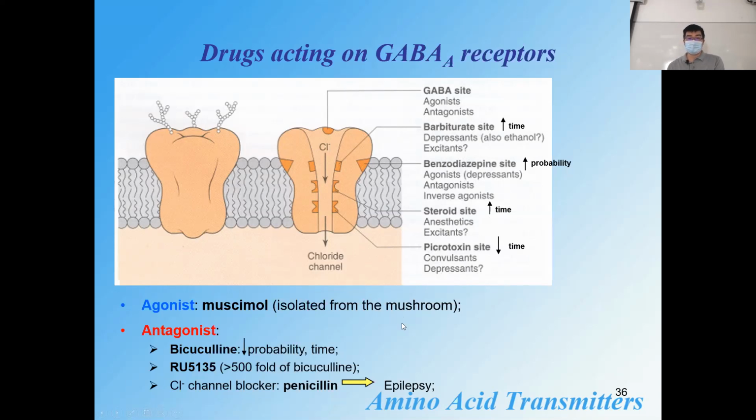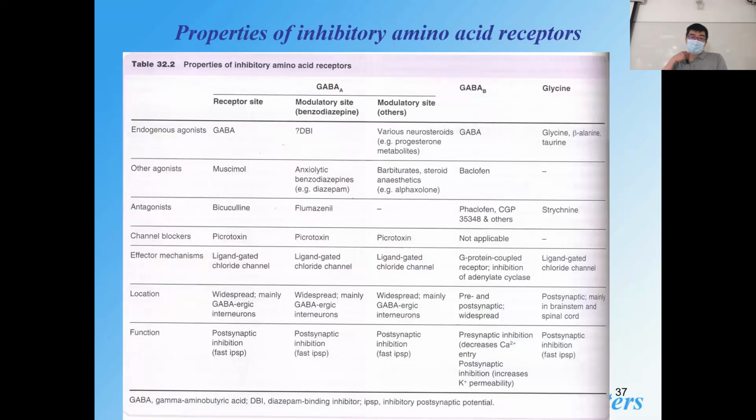When we look at this group of GABA A drugs, the benzodiazepines, or diazepine, or Valium, is the one that is abused by a lot of people because it's anxiolytic, so it reduces the anxiety of people.